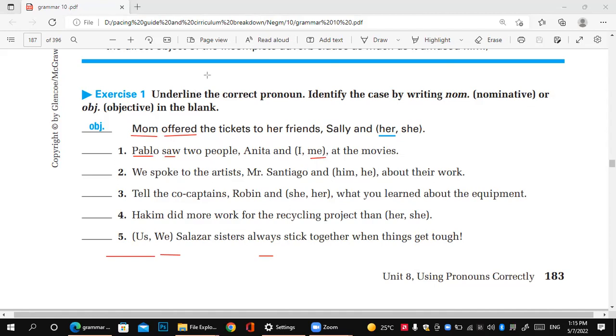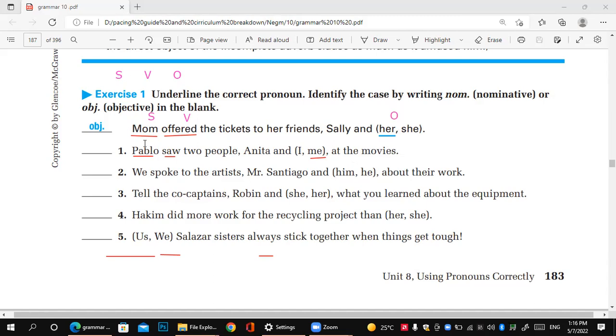If we follow the rule: subject, verb, object. Mom is the subject, offered is the verb, and her is an object.